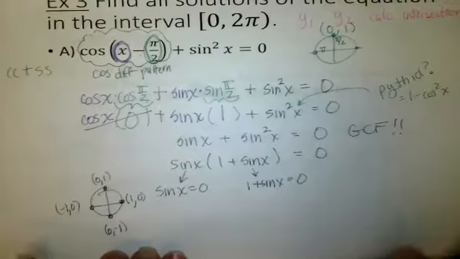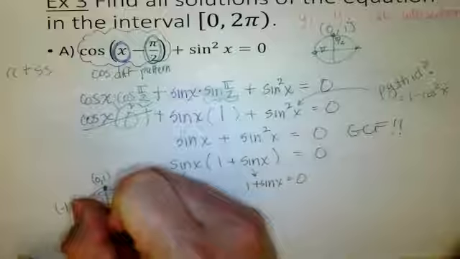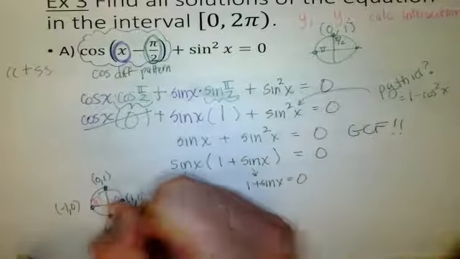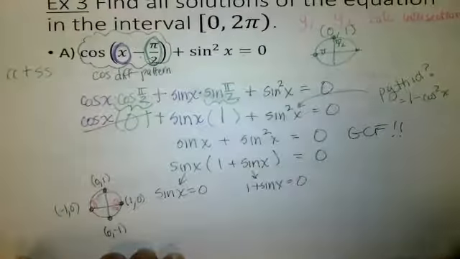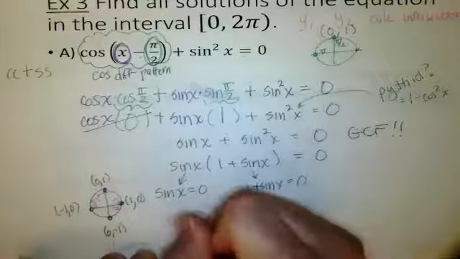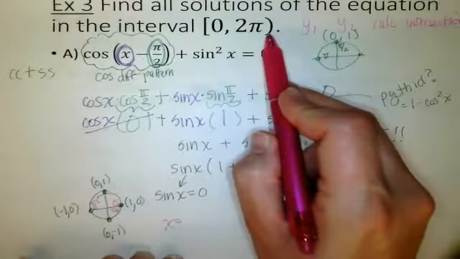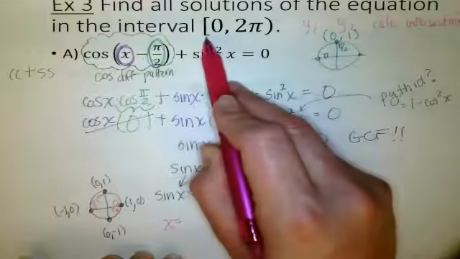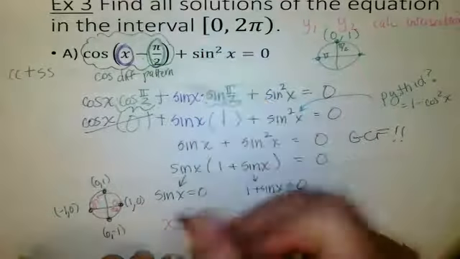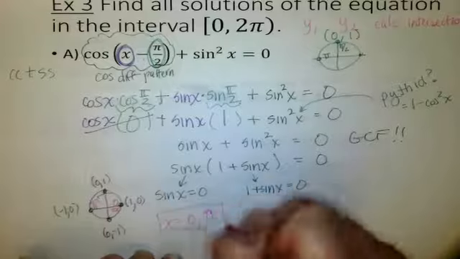So where does sine have a value of 0? 0 and pi. What about 2 pi? It's also 0. Should we put that as an answer? No, it's not included. The parenthesis. We don't want to include the answer 2 pi, but 0 can be included. So x equals 0 and x equals pi for solutions here.